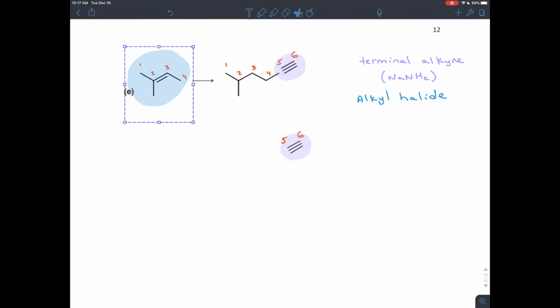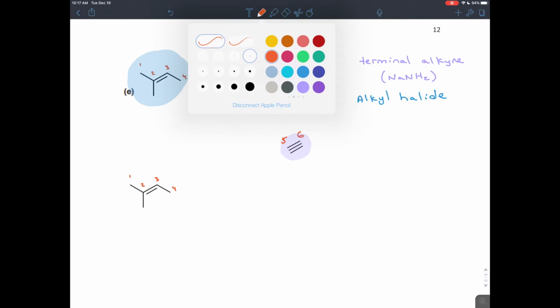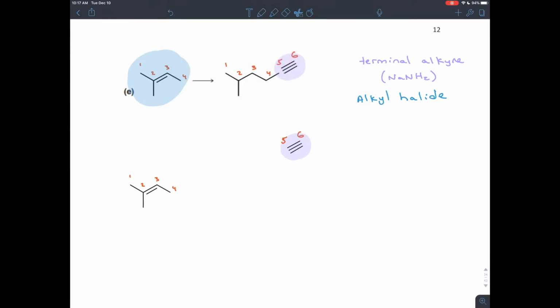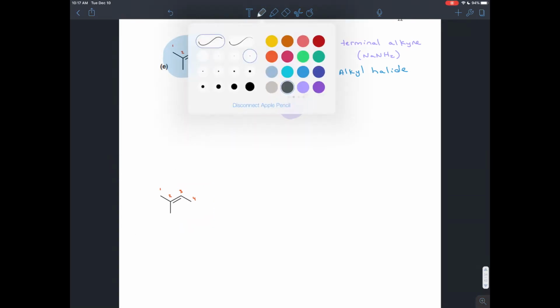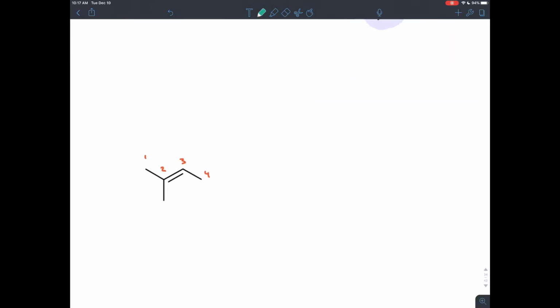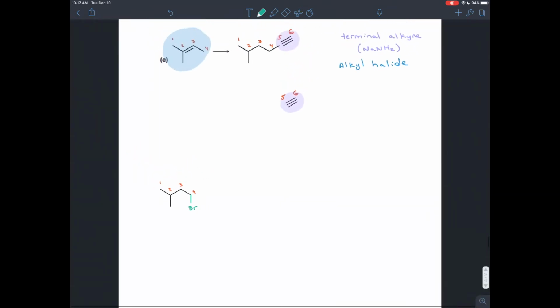Okay, so we can take this molecule, and what we want to do ultimately, our long-term goal, is to put an alkyl halide on carbon number 4. Because if we somehow put a halogen there, sorry, a leaving group, if we create this molecule, just working backwards, we want to make this.